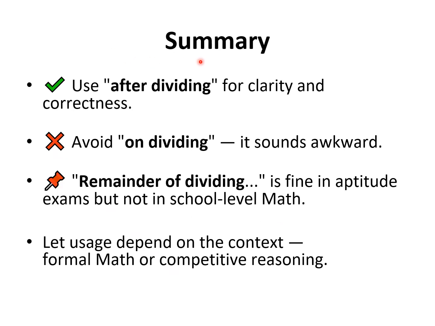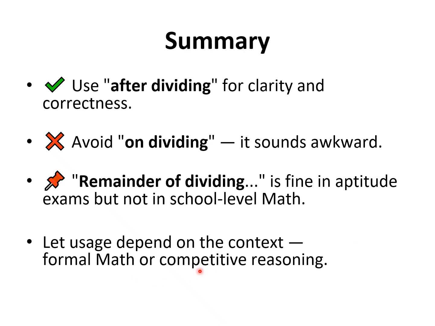So here is a summary. We use remainder after dividing for clarity and correctness. We avoid on dividing. It sounds awkward, particularly at school level. Remainder of dividing is fine in aptitude exams, but not in school level math. Let usage depend on the context. In formal math, it will always be after dividing.